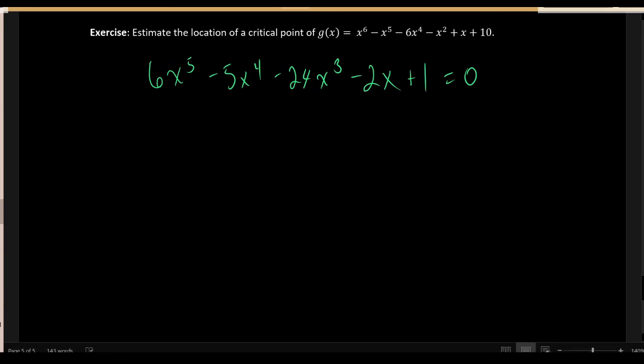Solutions to this equation would be critical points. So, I have no interest in solving this equation by hand, not at all. So let's go ahead and set f of x equal to this expression containing x's on the left side.